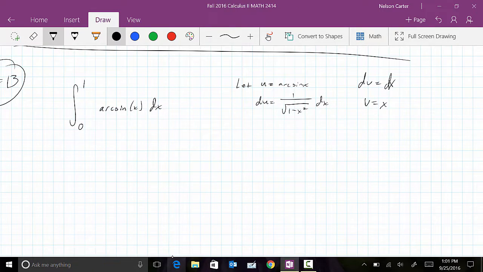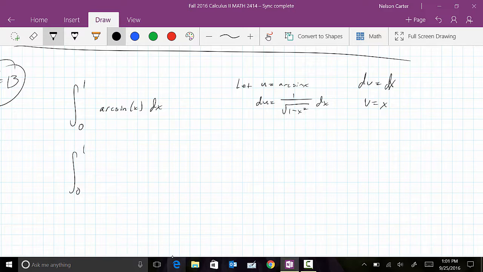Now we can rewrite the integral from 0 to 1 of the arc sine of x dx as u times v, so x times the arc sine of x evaluated from 0 to 1, minus the integral from 0 to 1 of v du.